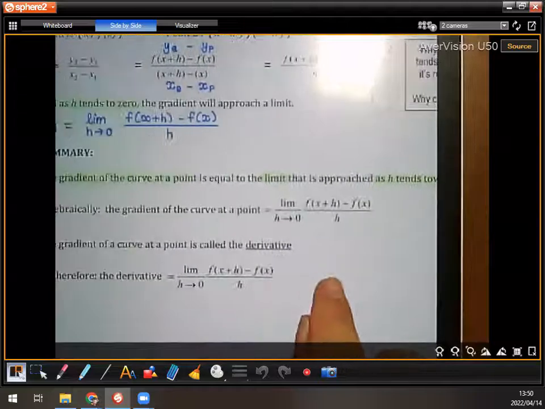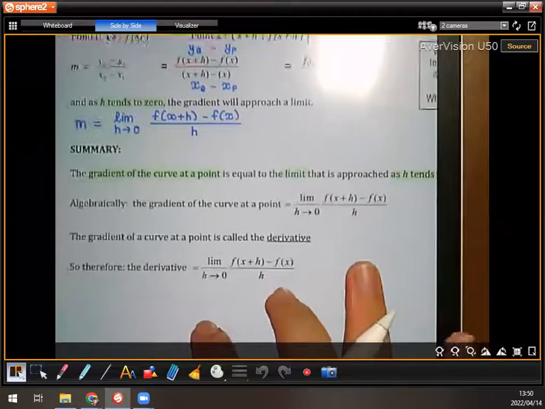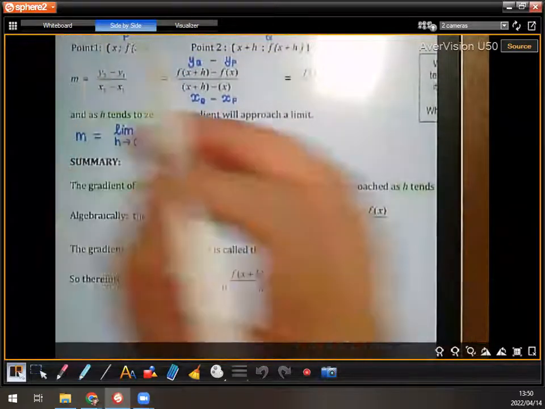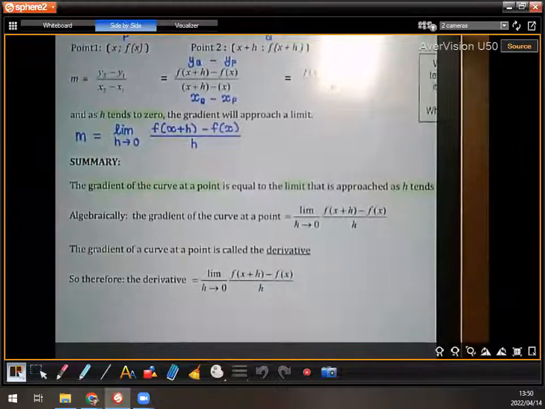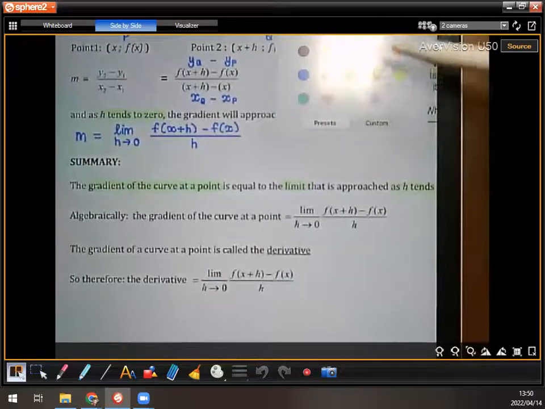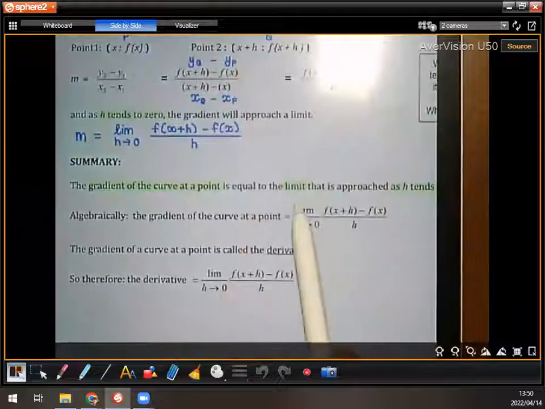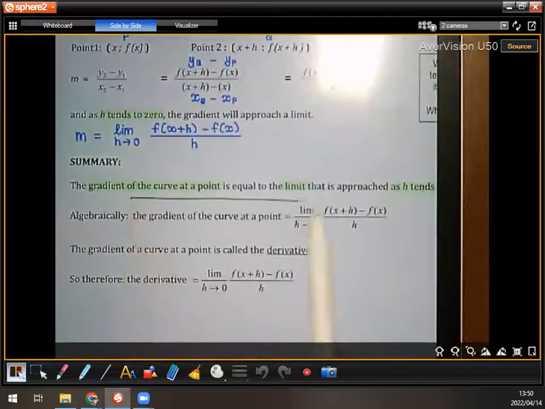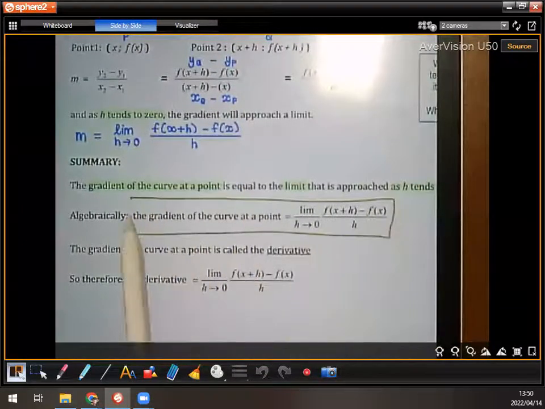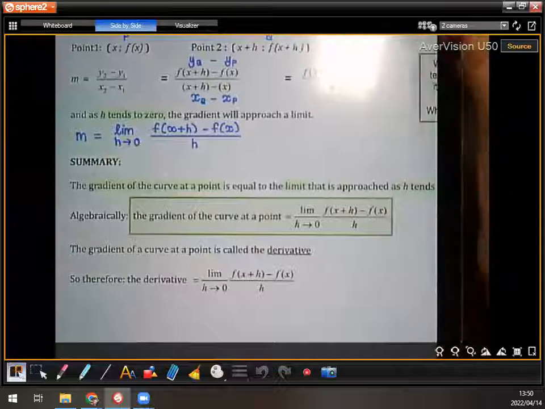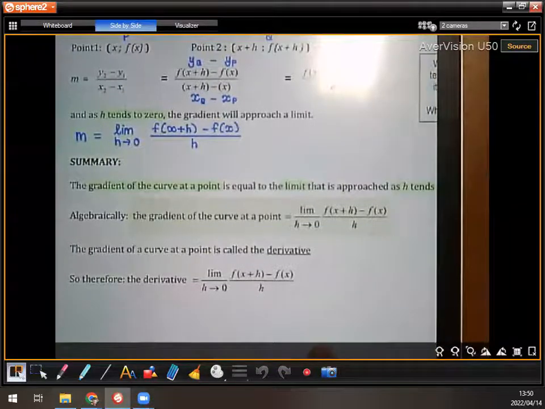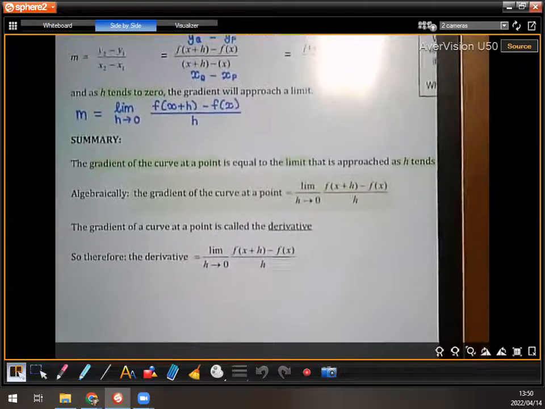And we get that by using this formula, guys. So I'm going to show you. Okay, so that's the formula that we're going to work with.